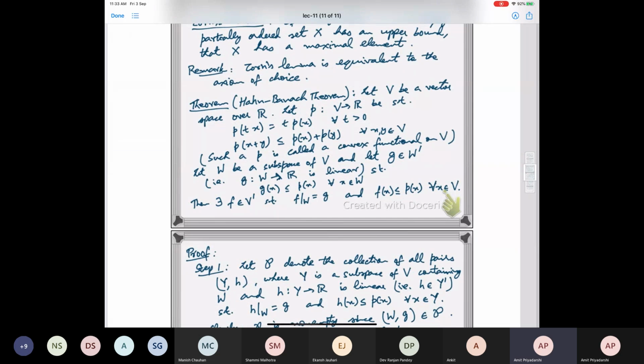The Hahn-Banach extension theorem. It says that if V is a vector space and P is a convex functional, and we have G is a linear functional on subspace W, Gx is less than or equal to P of x for every x in W, right? So first of all, what do you mean by this if this is a complex vector space? Does it make sense? In that case, gx and px are complex numbers, right?